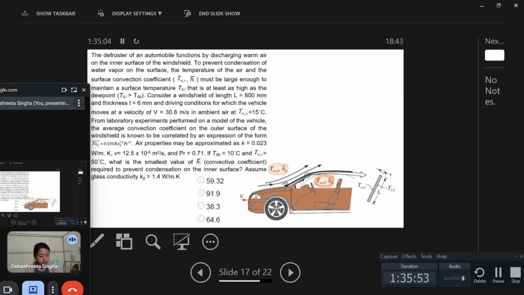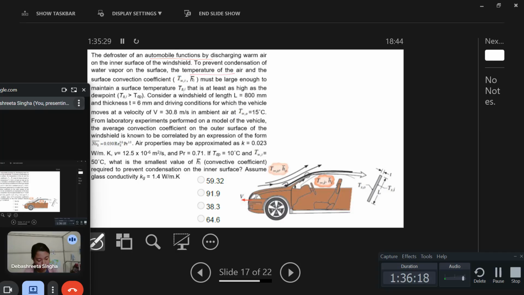The next question says the defroster of an automobile functions by discharging warm air on the inner surface of the windshield. To prevent condensation of the water vapor on the surface, the temperature of the air and the surface convection coefficient, T infinity i, h i, must be large enough.